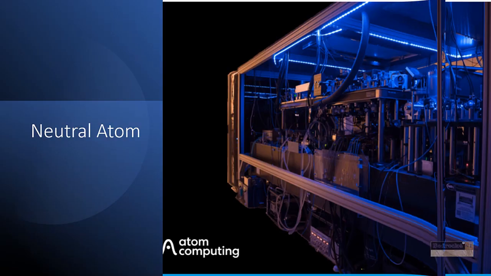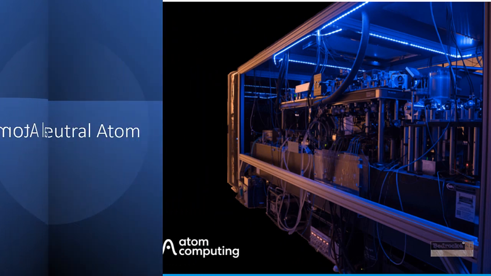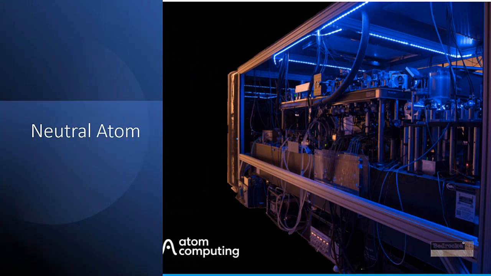The neutral atom approach uses optical tweezers to hold an array of atoms in a palm-sized vacuum chamber. Alkaline earth element atoms are trapped and cooled by lasers and then arranged a few microns apart from each other.